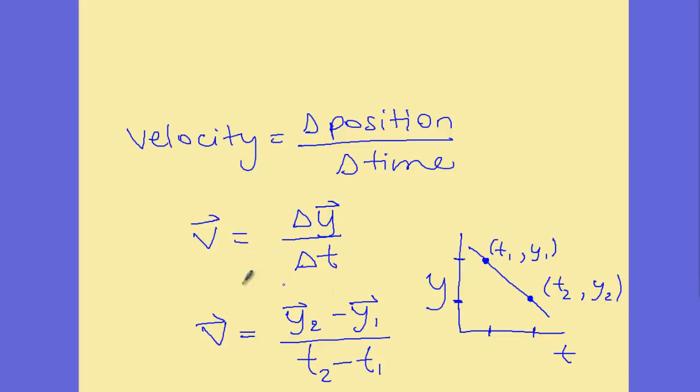So once we're able to calculate our velocities, we're then able to calculate our accelerations. So we know that acceleration is the same thing as a change in velocity over a change in time.